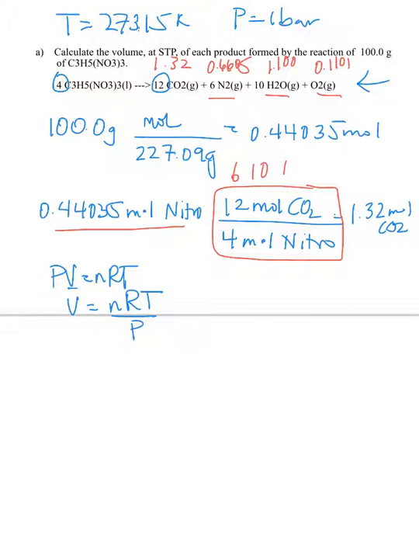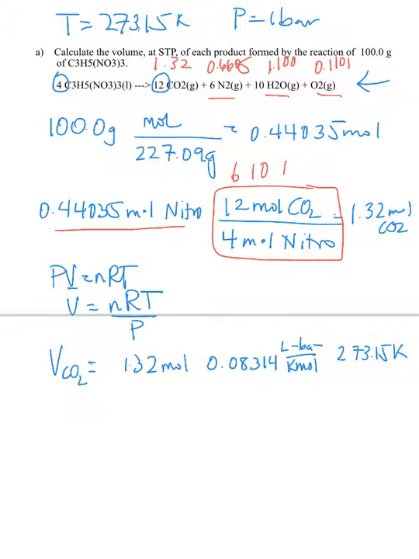So for instance, for the volume of CO2, I would put in here 1.32 moles. I'd use the gas constant 0.08314 because that has units of liter bar per K mole, and then my temperature is 273.15 Kelvin, and that whole thing is divided by 1 bar.